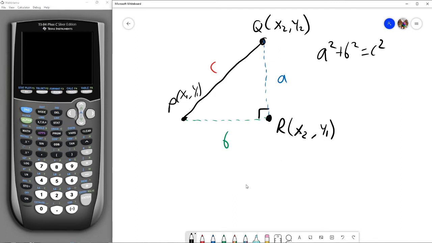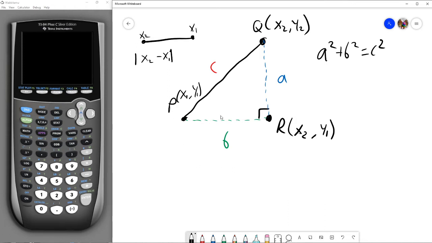Now, if we recall what I said earlier about the distance between 2 points that are on a straight line, we said it was just the absolute value of those values, right? So if this is x2, this would be x1. Absolute value gives us that distance.